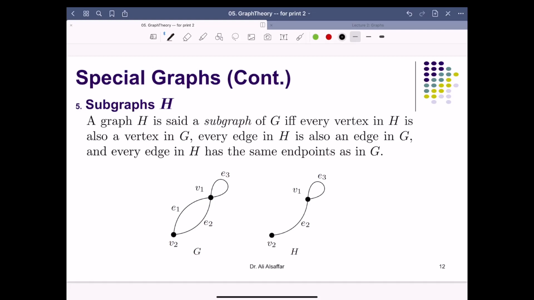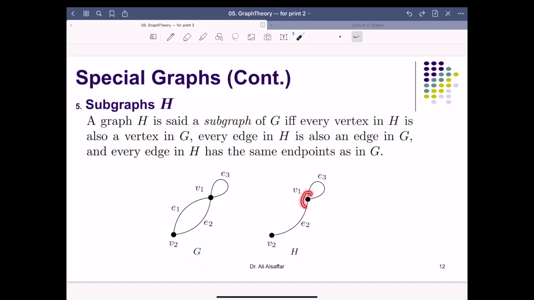So how do we prove that one graph is a subgraph of the other one? First, you pick the subgraph and you label it as H. The original graph, or the mother graph, is G. If you want to prove that H is a subgraph of G, then you have to tell me the matched vertices.